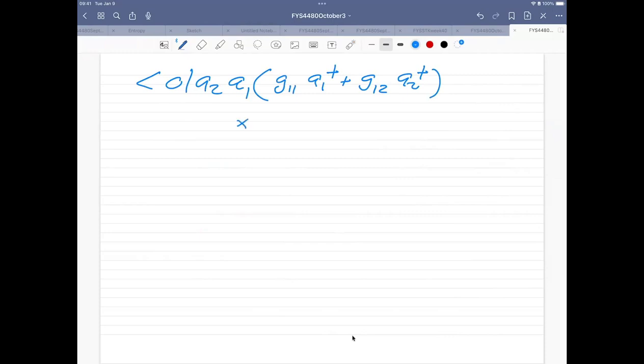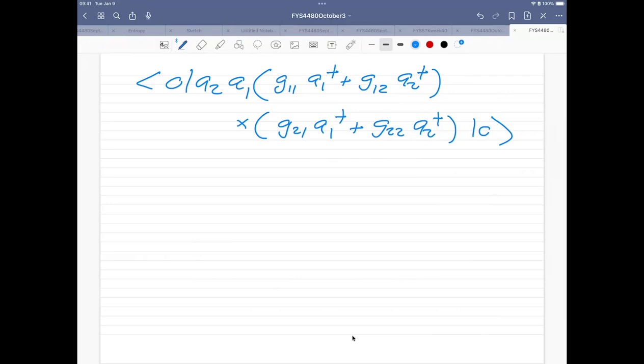And this is multiplied with G21 A1 dagger, plus G22 A2 dagger, acting on 0. So what I did was to take the general expression, which you had in the previous equation, and then just specialize that to 2 states only.